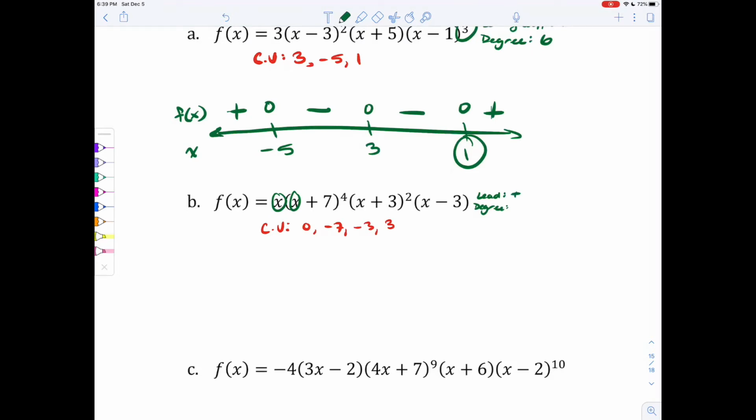That's 5. This is another 2, it's another 1. So 1, 6, 7, 8, 9. Is that correct? Oh, whoops, this is degree 4. I know how to count. There we go. This thing's 8.